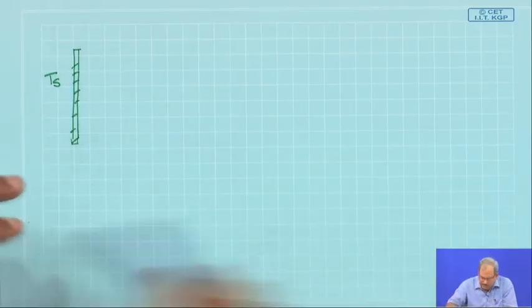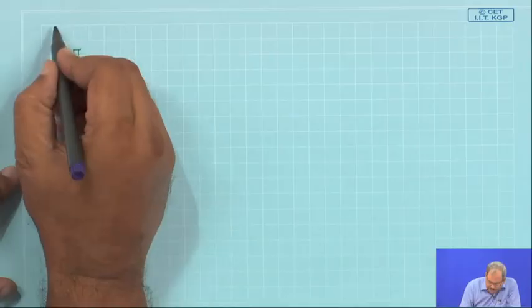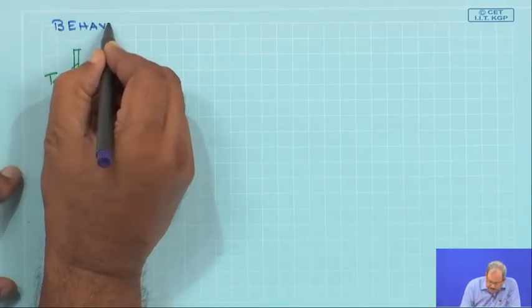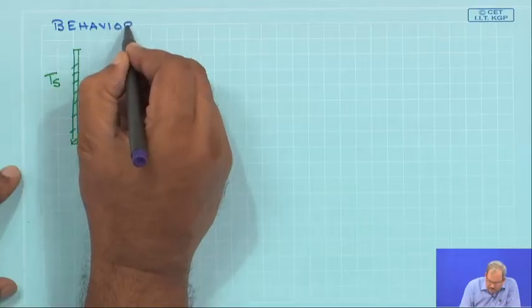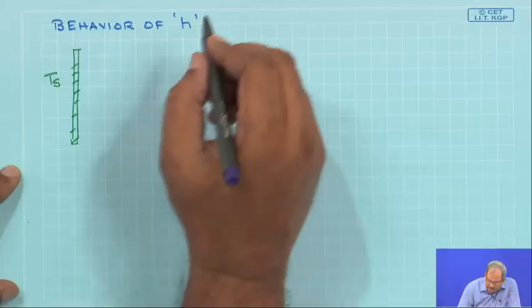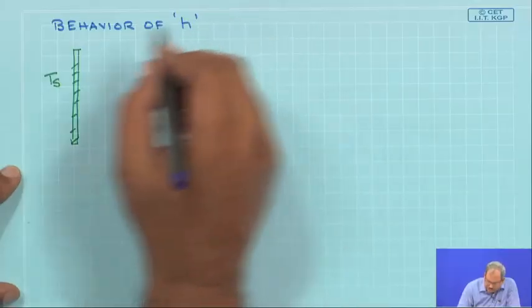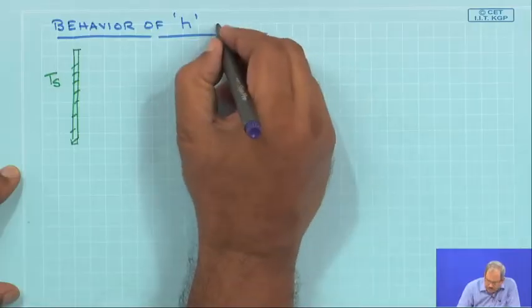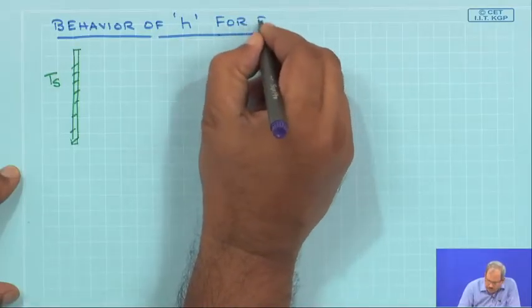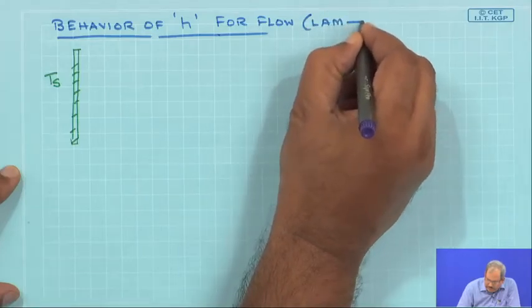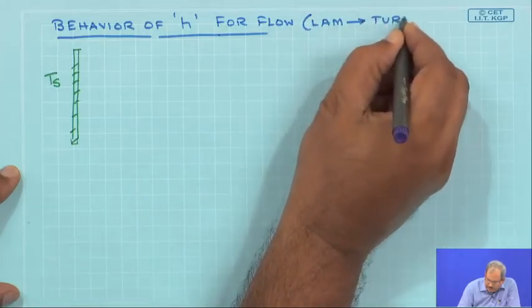This is the behavior of the heat transfer coefficient for flow when it changes from laminar to turbulent and so on.